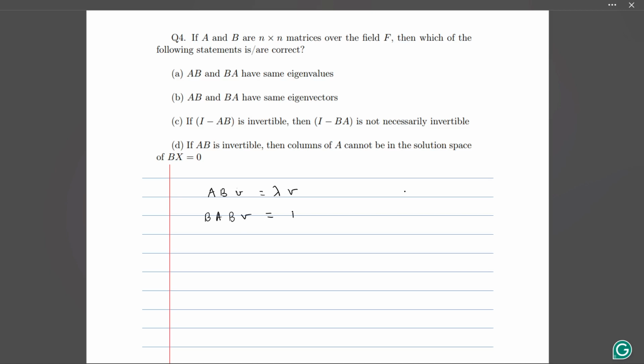Here we have B lambda v, but lambda is a constant, so it will go out. Apply associativity. Here we have BA(Bv) is equal to lambda Bv.